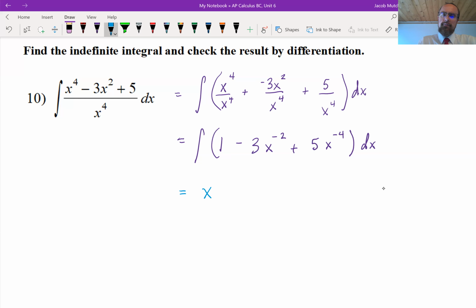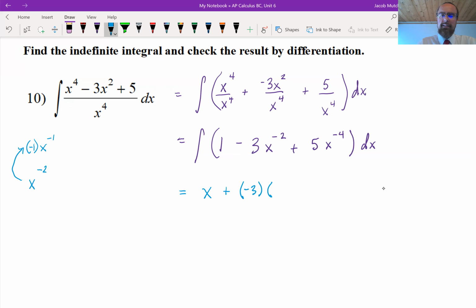For minus 3x to the power of negative 2, I'll put a plus and then the factor negative 3. Let's just investigate. If I had the derivative x to the power of negative 2, the antiderivative would be x to the power of negative 1, but I would need to include a negative out front to cancel it.